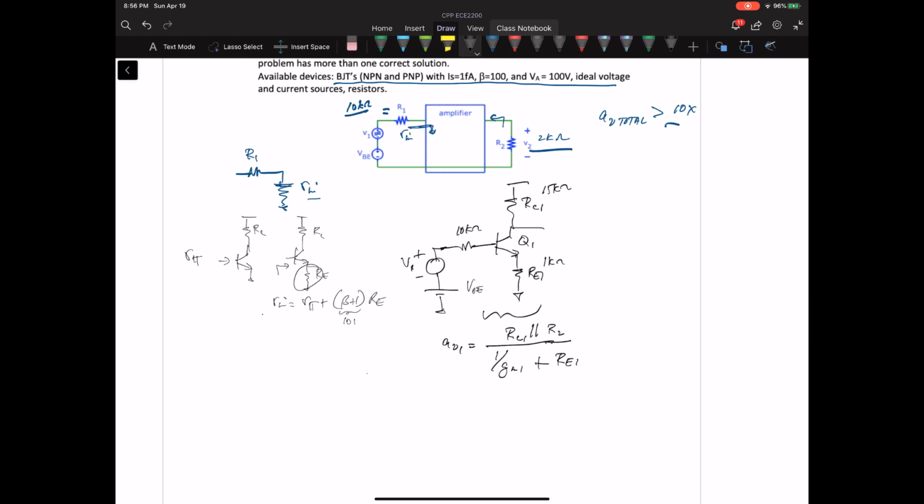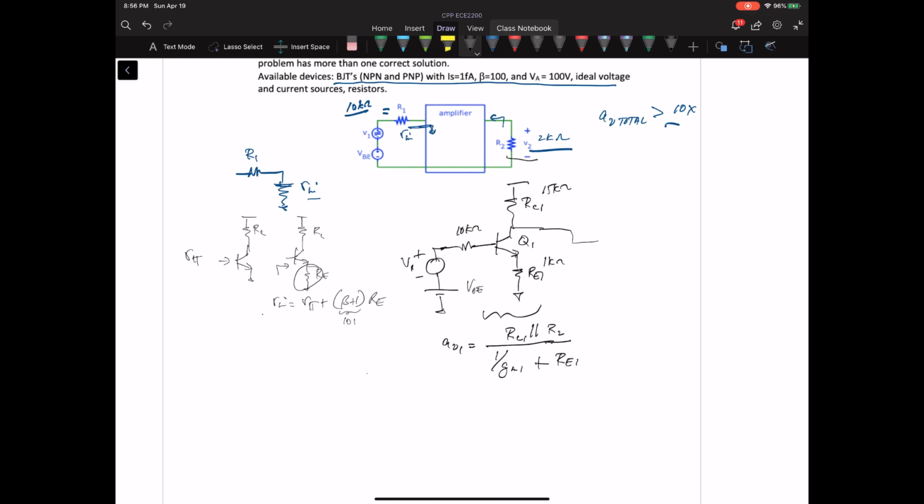Okay, so the problem is I want high gain, but I got this low resistance that I need to drive. So given that I want a quick solution and I can throw power away and I'm not limited on the number of devices, there are multiple solutions for this, but this is my approach generally.